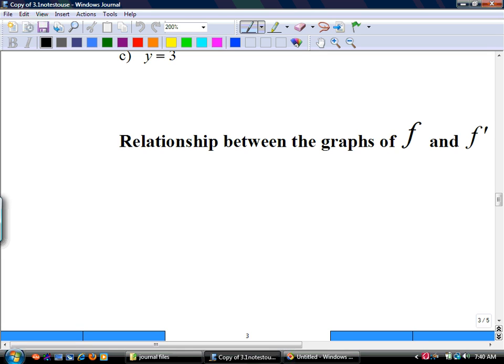What we need to talk about is, if I give you the graph of y equals f of x and y equals f prime of x, we should be able to understand the differences between what a function's graph gives us and what a derivative's graph gives us.